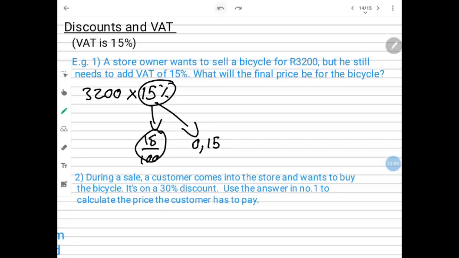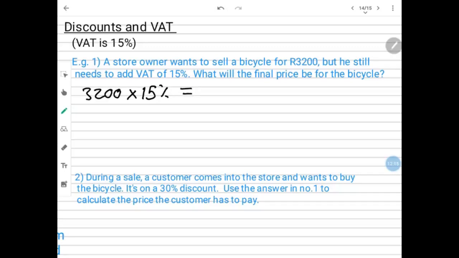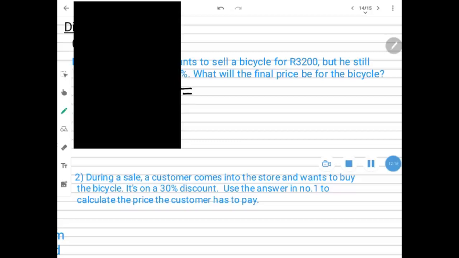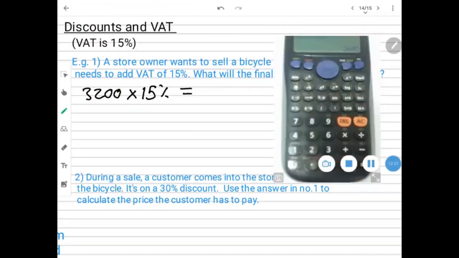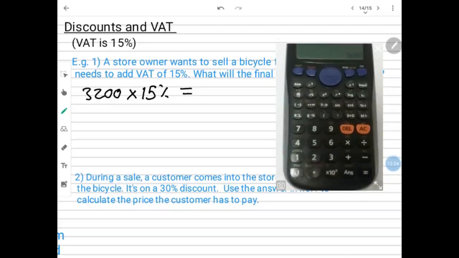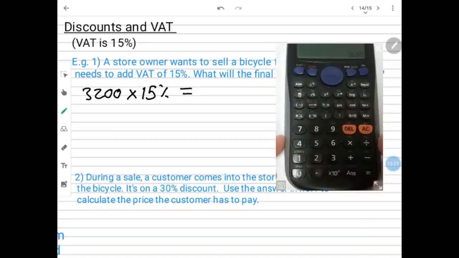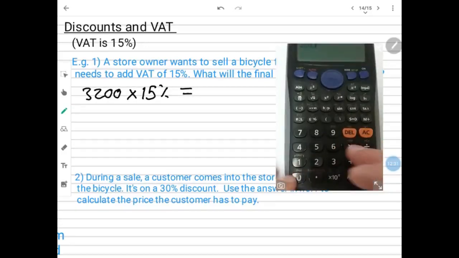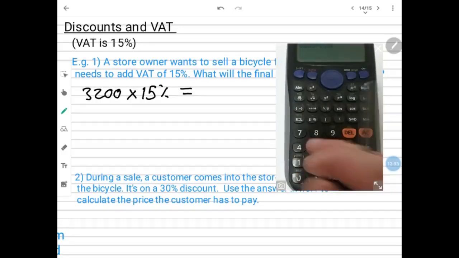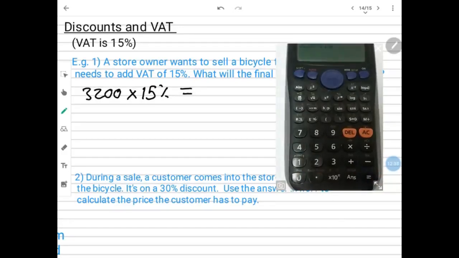Let's get rid of that. 3,200 multiplied by 15%. Let's see what we get. So we have 3,200 times 0.15, which is the same as typing in 15 and then the percentage sign.